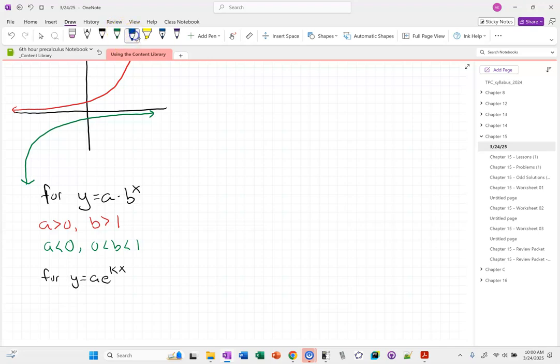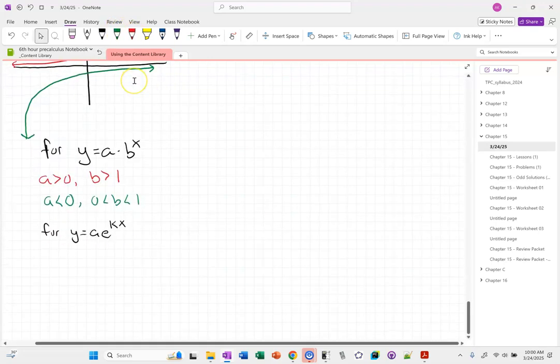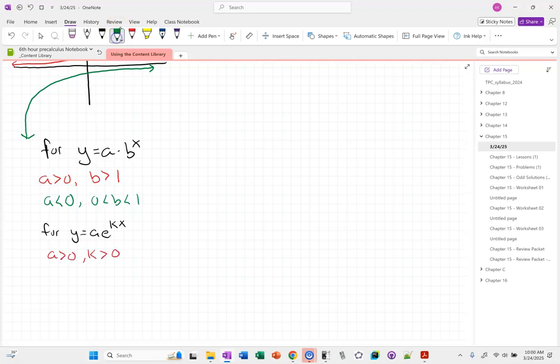And if it's the other form for our exponential equation, it could be a greater than 0 and k greater than 0 for the red graph, or a less than 0 and k less than 0 for the green graph.